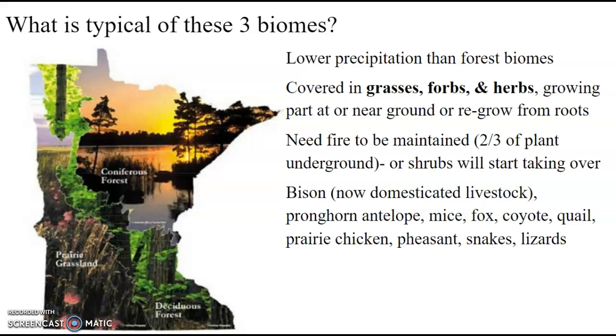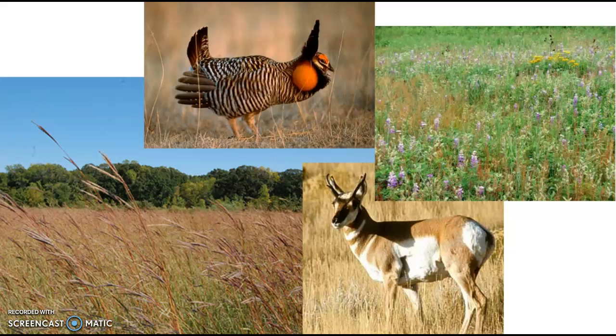Two-thirds of the plant is underground, and the base of these plants regrow from the ground or just below the surface in the roots, so they can replenish after grazing herbivores feed on them. So this, I hope you recognize as the prairie, also known as the temperate grassland. Visually, that's what you might see.